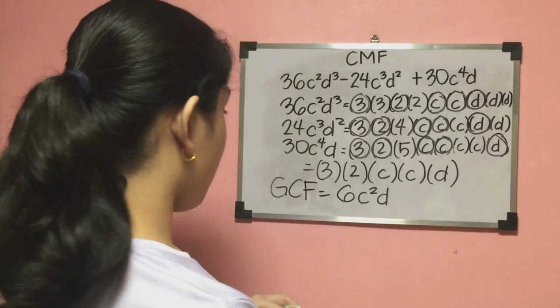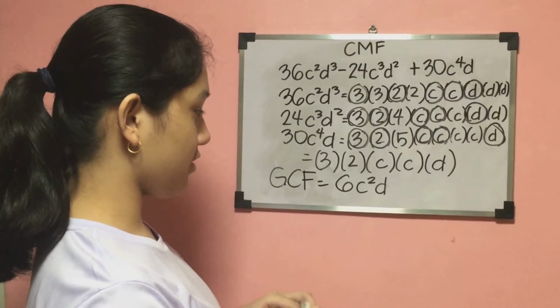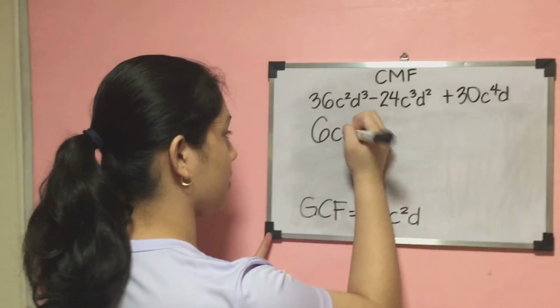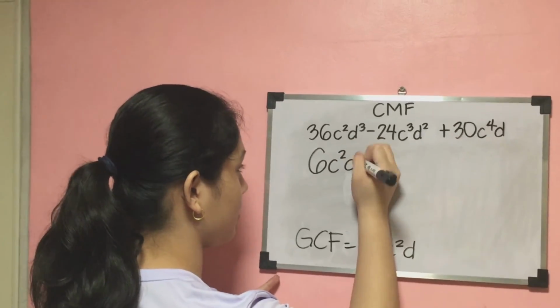So their greatest common factor is 6c squared d. It will become our first factor. So 6c squared d.